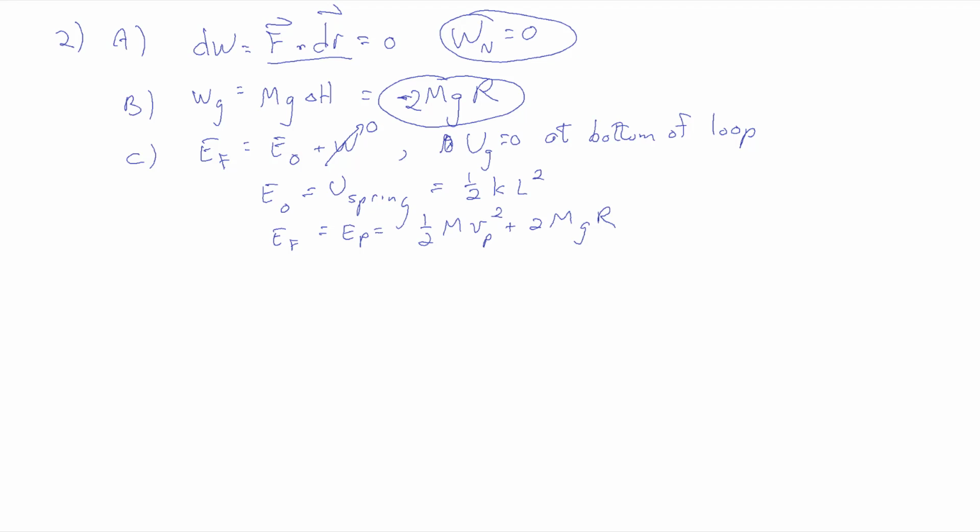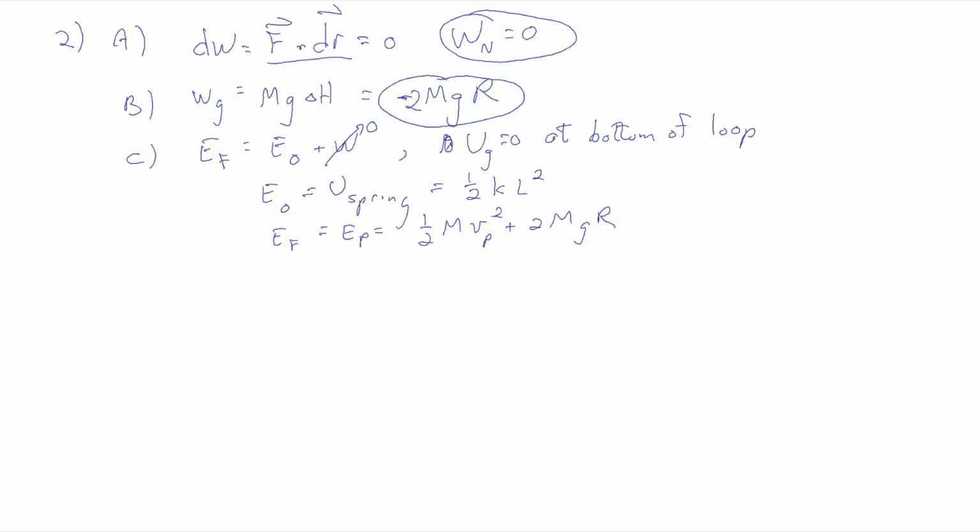And remember, potential energy equals negative work done by the force, so you can see again why the sign changes from part B to part C when you go from work done by gravity to the potential energy of gravity. And we don't have any spring energy because the spring is no longer part of the system whenever the mass is at the top.